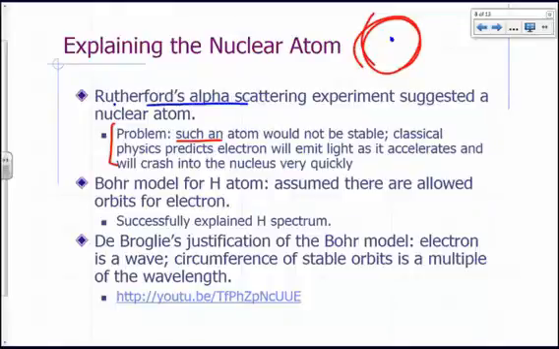And a particle that's accelerating will emit light. So as an electron's accelerating around your nucleus, it's going to be producing light. So if it's producing light, it's losing energy. So if it's losing energy, what will happen to it? Eventually, it will crash into the nucleus. In fact, classical predictions are that it will crash into the nucleus so quickly that the atom as we know it could not possibly exist.